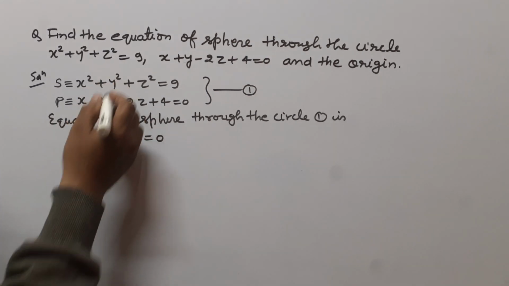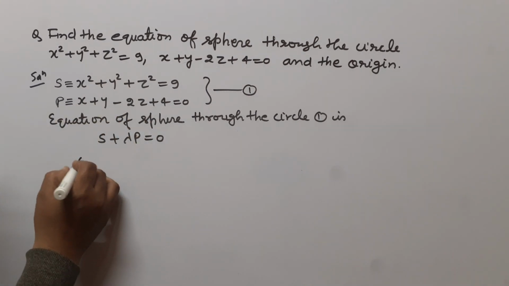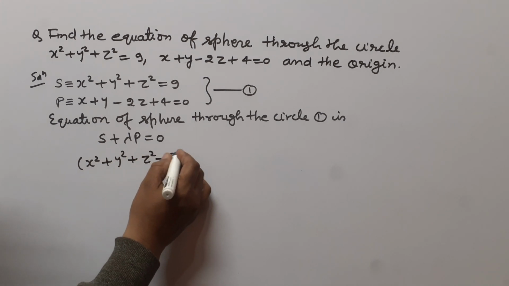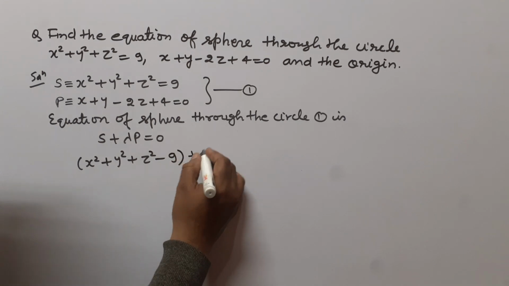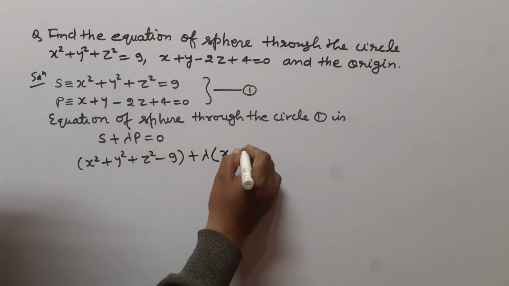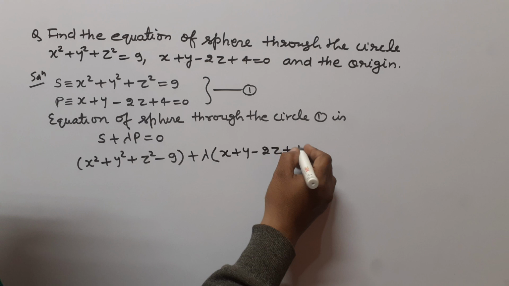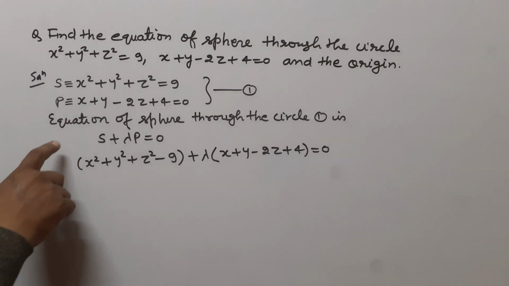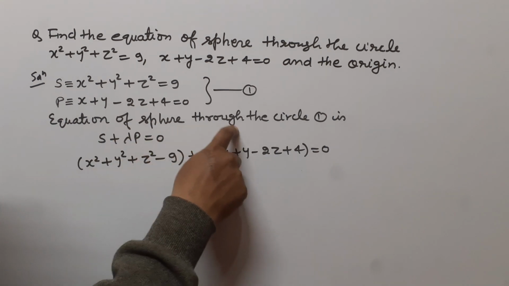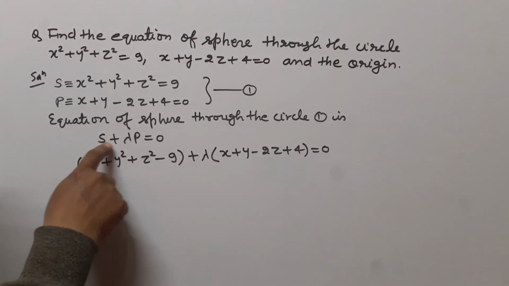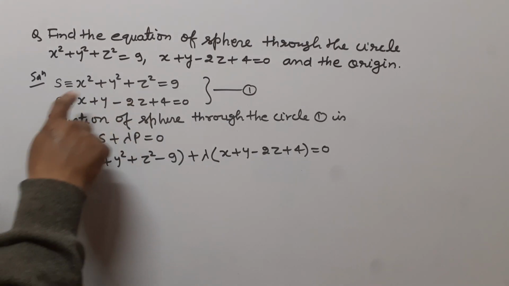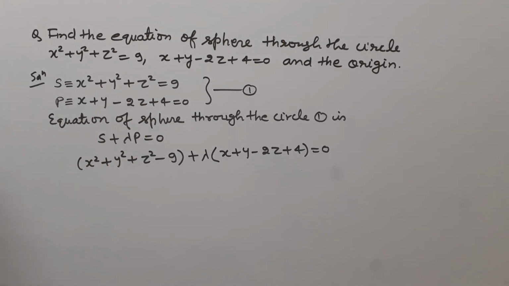So we substitute the values of S and P, and we get x square plus y square plus z square minus 9 plus lambda times (x plus y minus 2z plus 4) equal to 0.